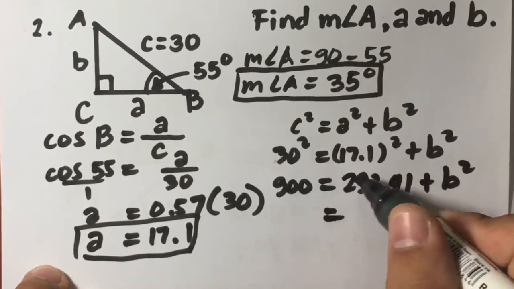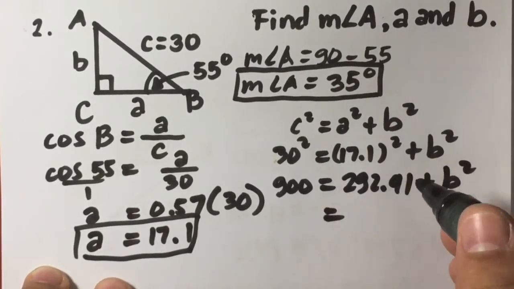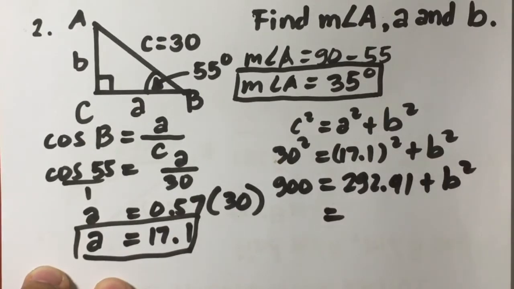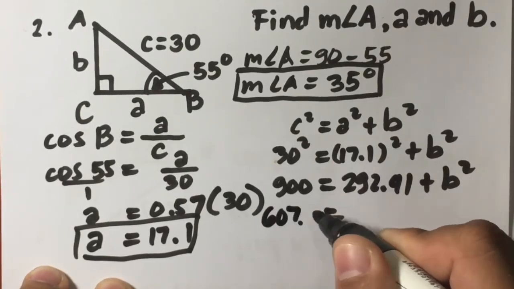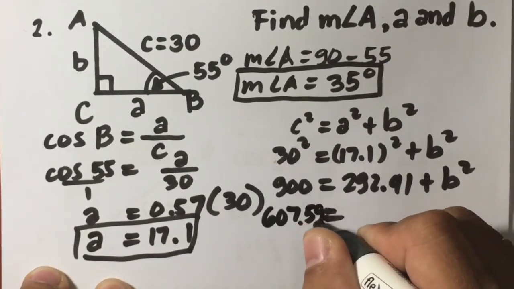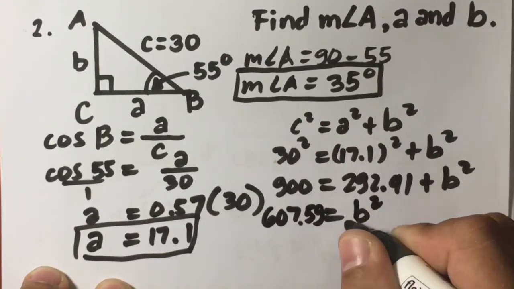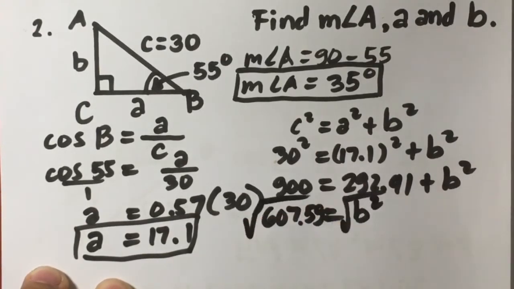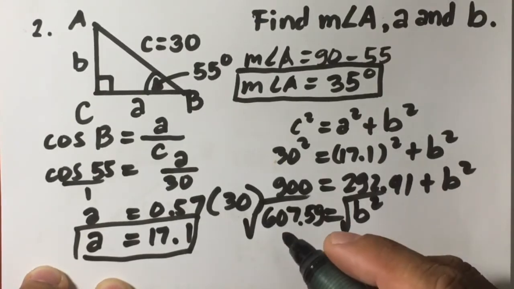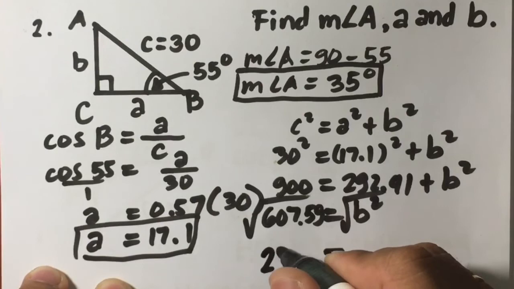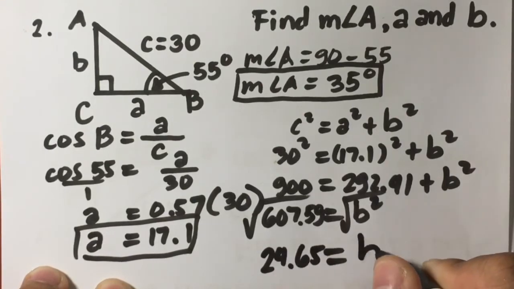So we're going to subtract 900 minus 292.41, which is equivalent to 607.59, equals B squared. Then extract the square root. The square root of 607.59 is equal to 24.65. This is now the length of B.